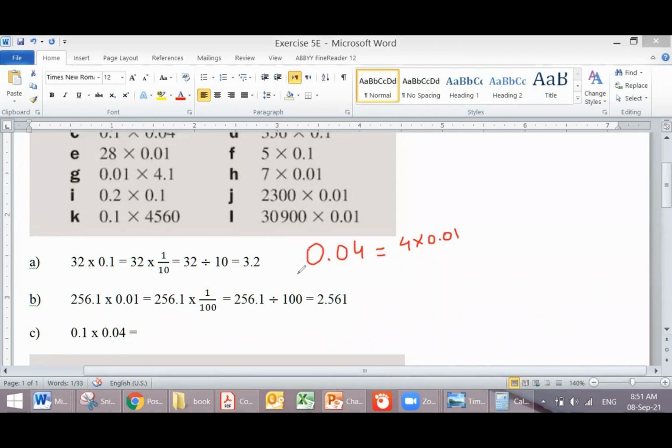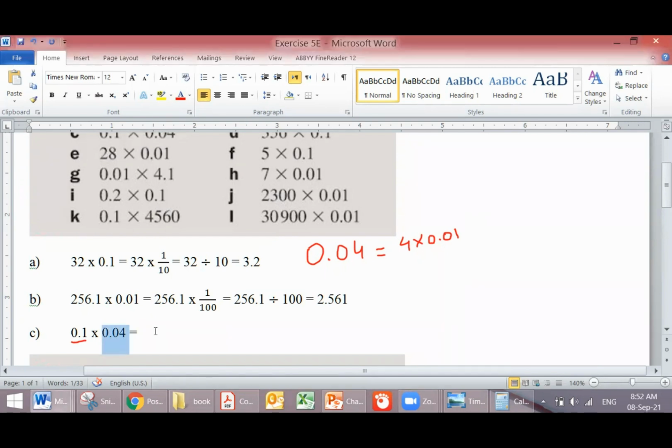But my question is that here it is 0.1 also. Here this one 0.1. So I will write this one also. 0.1 multiplied by, now this 0.04 I have just explained here that you can write it in this form. 4 multiplied by 0.01.